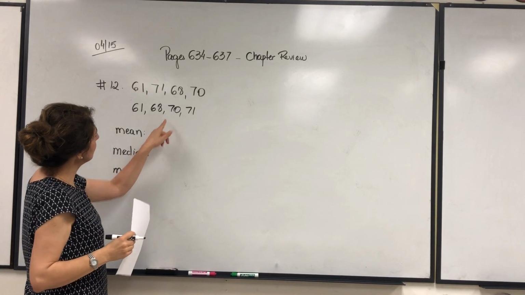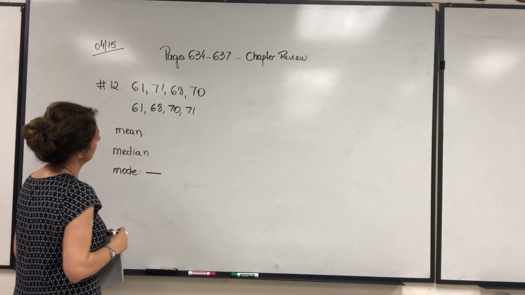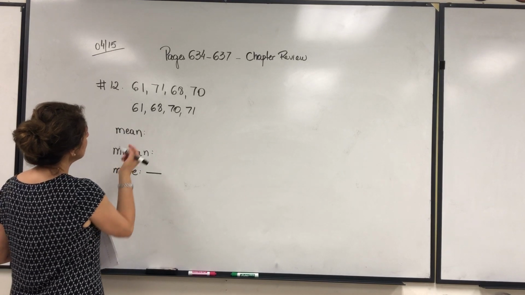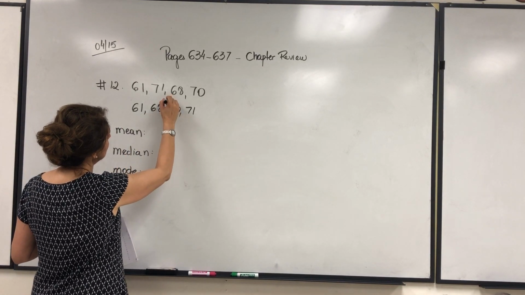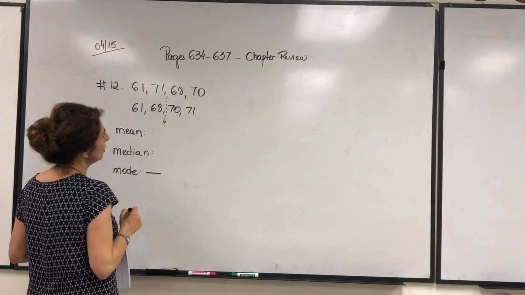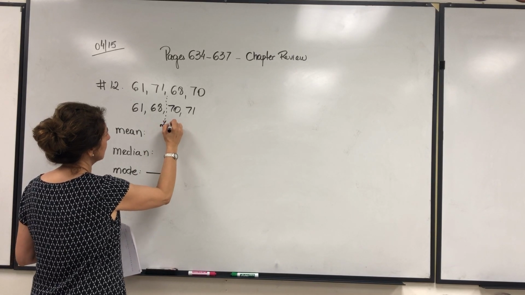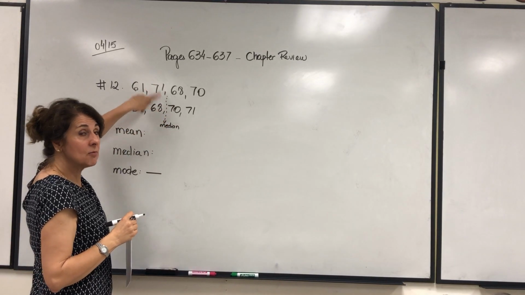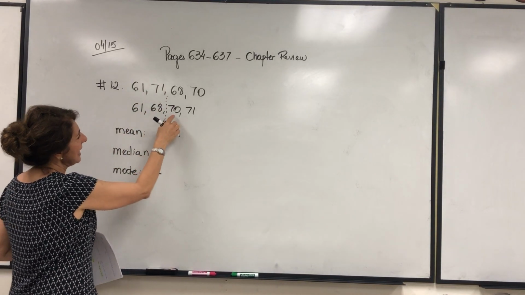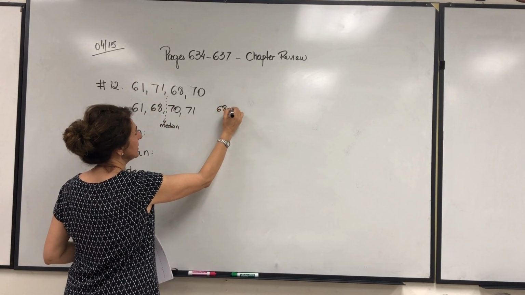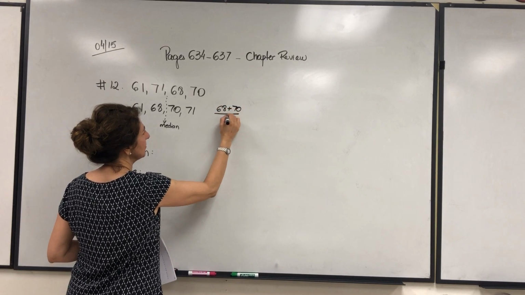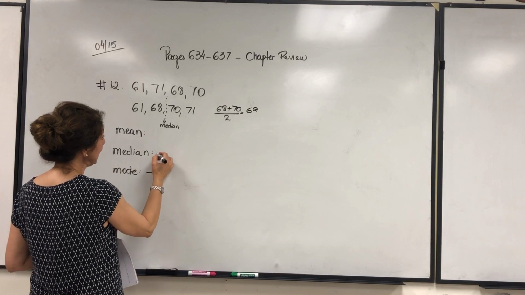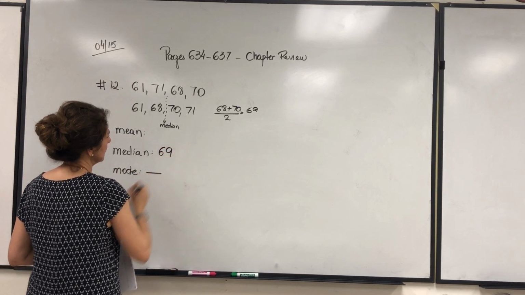The mode in this one is easy, no mode. Then the median and the mean. For the median I have to divide my information in the middle. Since there's no number right in the middle, what do I do? Add these two numbers, 68 plus 70, and divide by 2. This is 69. So my median is 69.